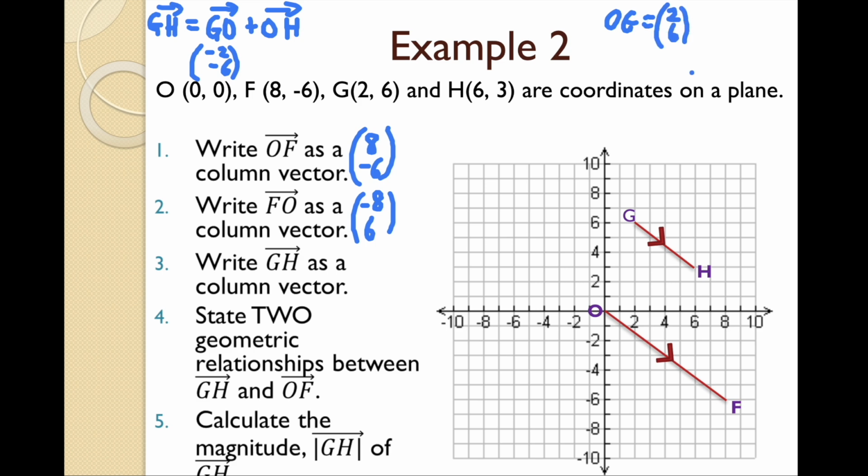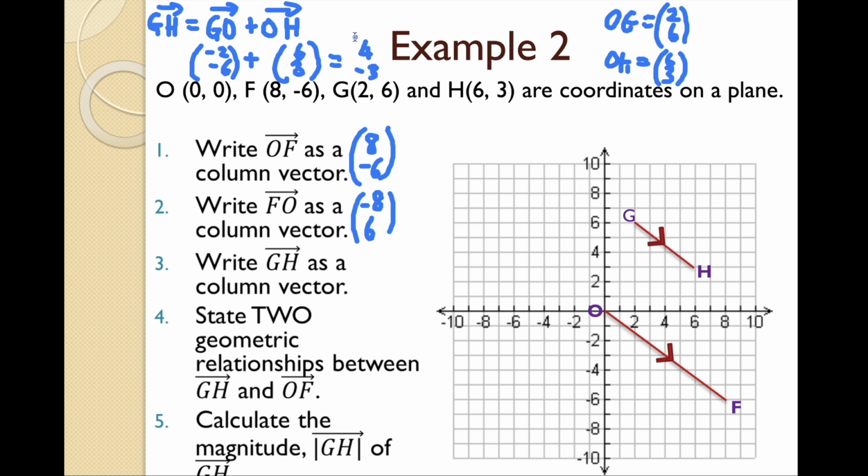Does that make sense? And then we're going to add this to OH. What is OH? 6, 3. Nice. So then we could add those together. -2 plus 6 would give us +4. So then that is equal to 4. And then -6 plus 3 would give us what?